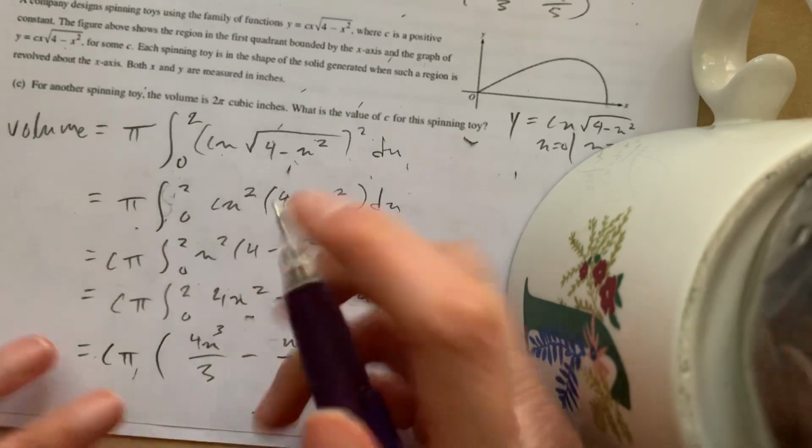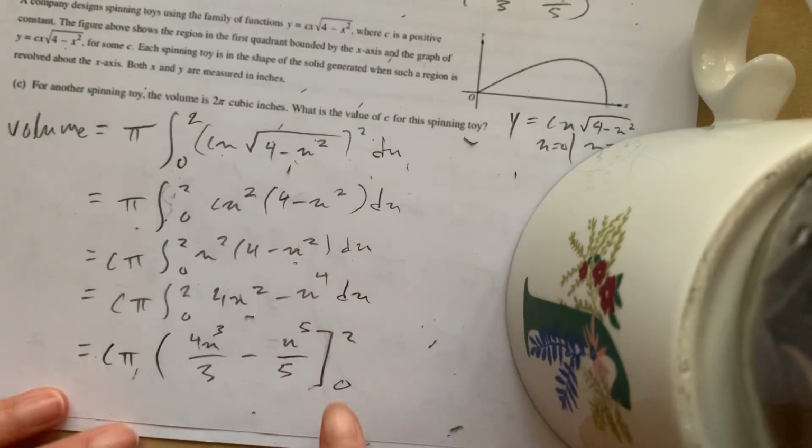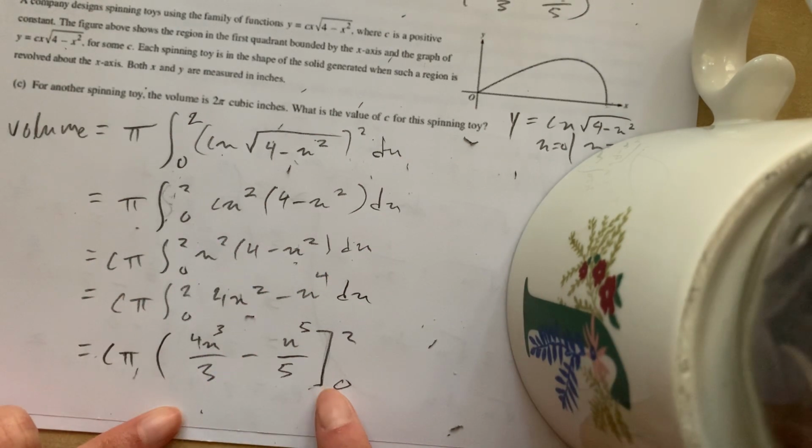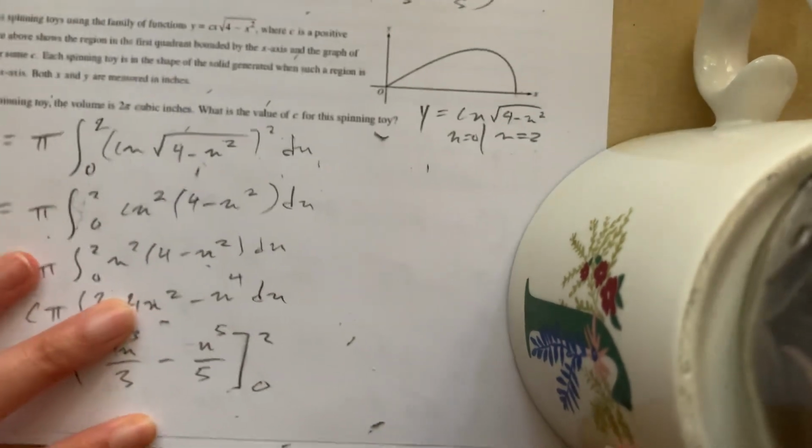So I already know when I plug in 0, I'm just gonna get 0, so I'm not gonna bother plugging that in.